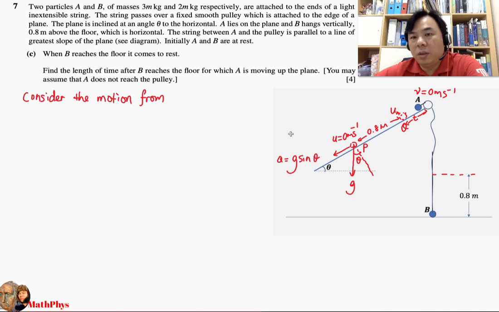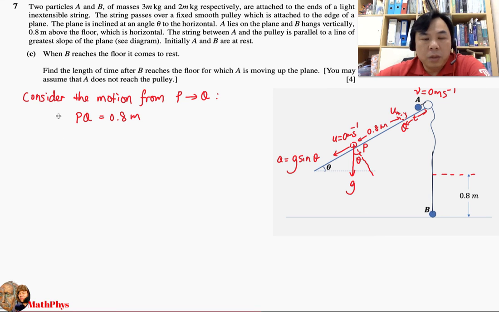Let's consider this one from P to Q, where PQ is equal to 0.8 meter. Okay, and then by using the SUVAT equations, we can use V squared equals U squared plus 2AS there, right?